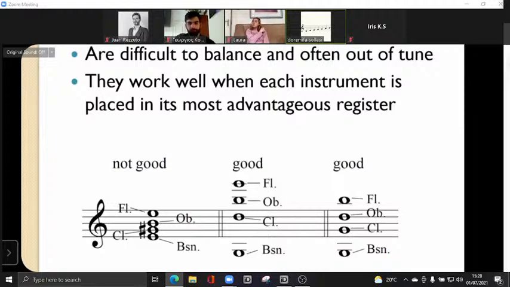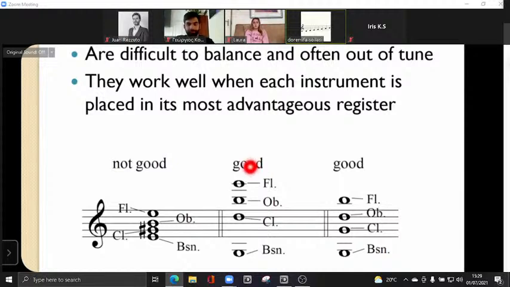Here the bassoon is in a better register, a little bit lower, and also all the other instruments, the clarinet, the oboe, and the flute, are in between the instruments. And this one is also a good voicing. The bassoon is playing the.